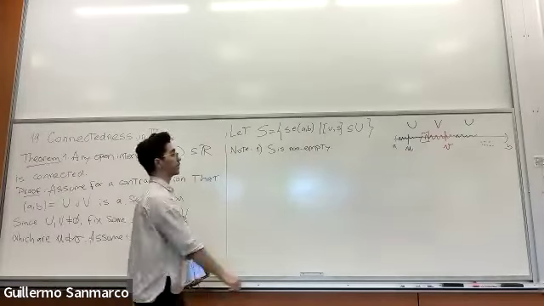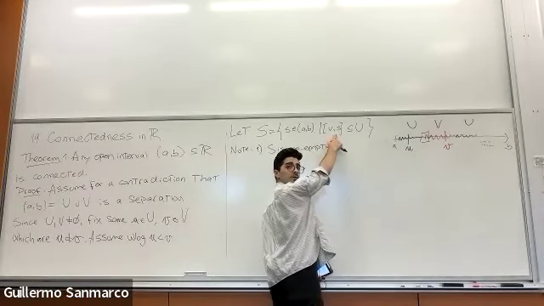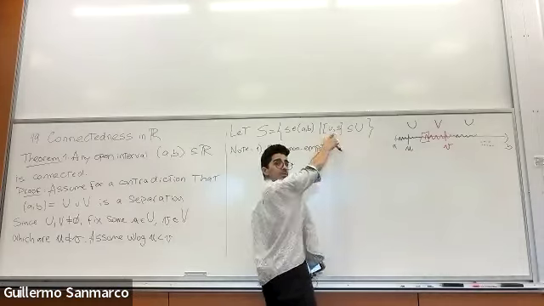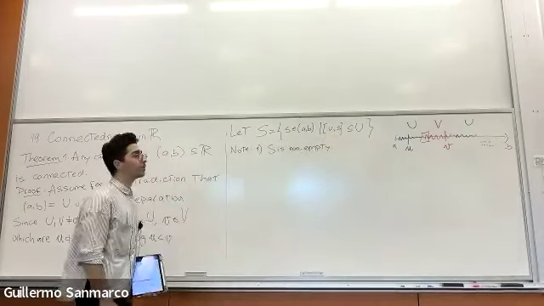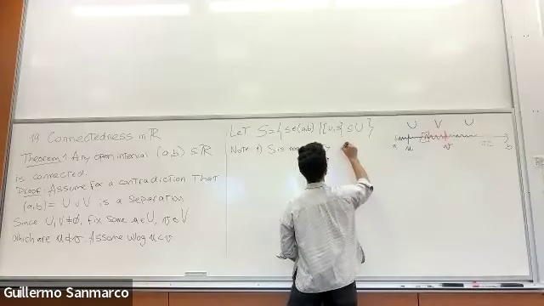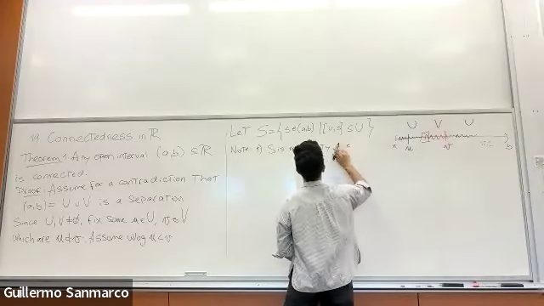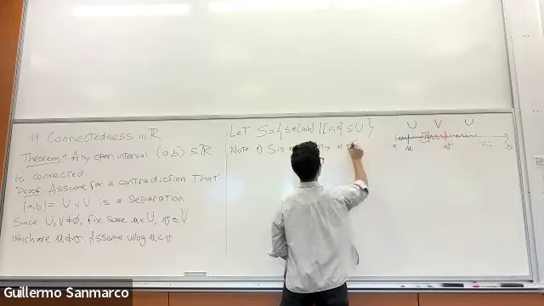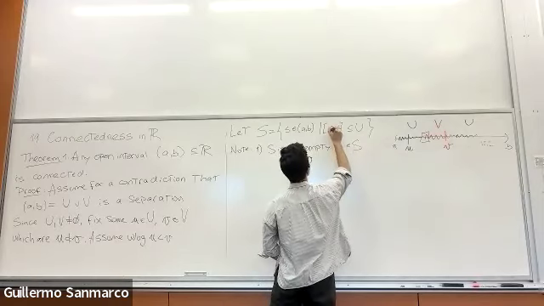It contains u. It contains the singleton u. So it contains the closed interval from u to u. That's why I want to keep this one closed here. Because little u lives in S. This is little u.